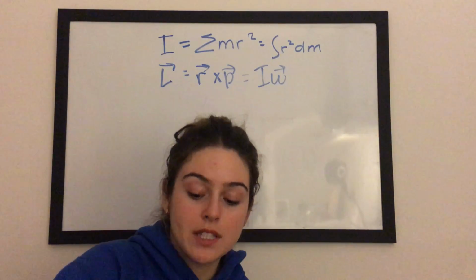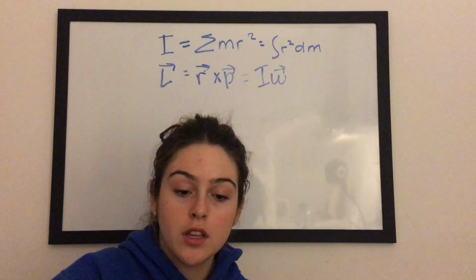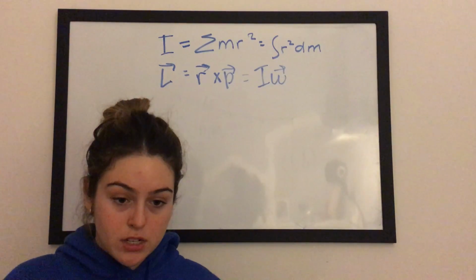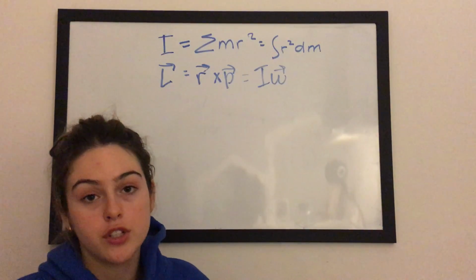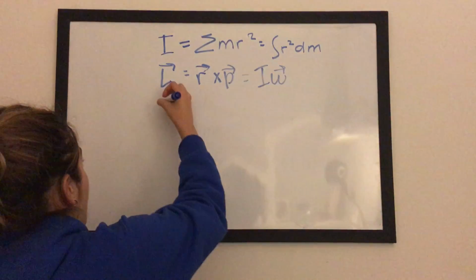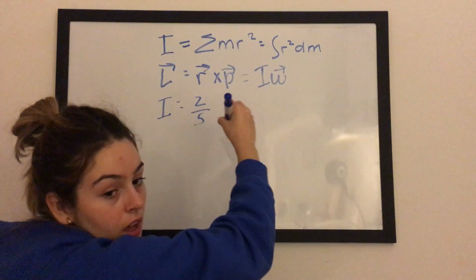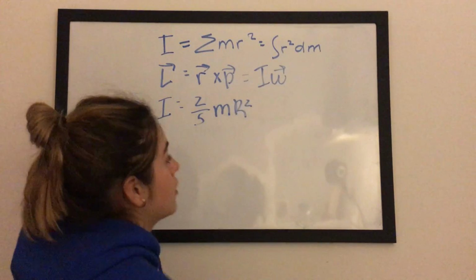Okay, so since we are referring to a solid, we know that we can just jump straight to the commonly used moments of inertia, which for a solid sphere would be I is equal to 2/5 m r squared.